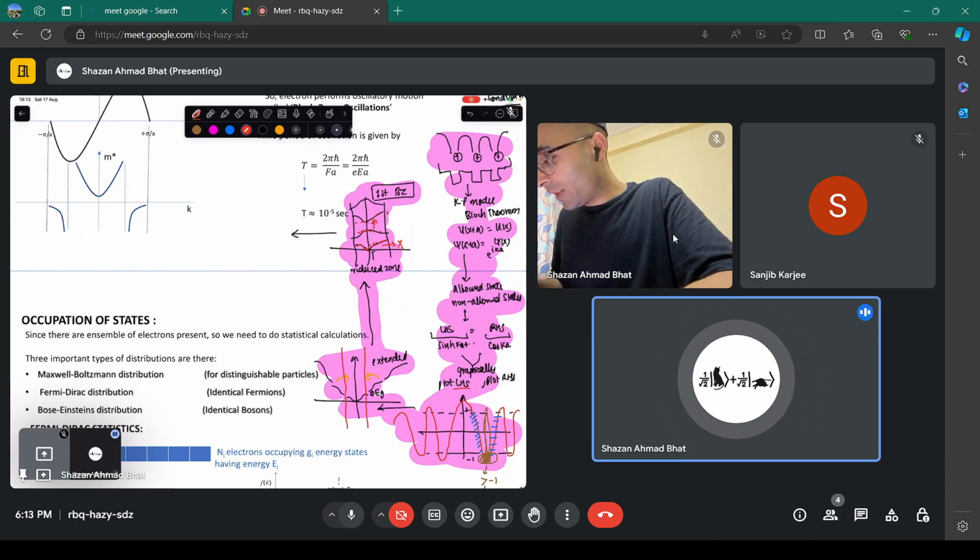So we call the minima of this the conduction band, and the maxima of this the valence band. And that is how we get something called the band diagram. So we are mainly associated with these points at k equals 0. This particular point is called the gamma point, where k is equal to 0.